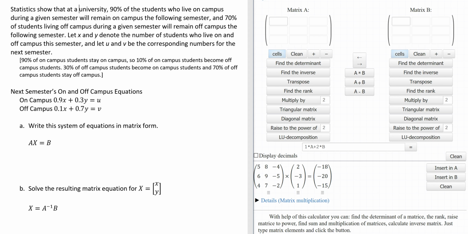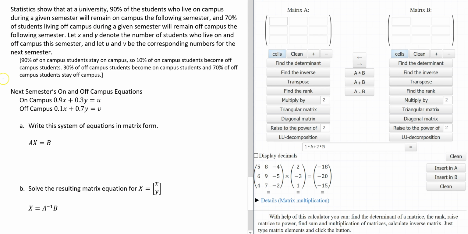Statistics show that at a university, 90% of the students who live on campus during a given semester will remain on campus the following semester, and 70% of students living off campus during a given semester will remain off campus the following semester. Let X and Y denote the number of students who live on and off campus this semester, and let U and V be the corresponding numbers for the next semester.